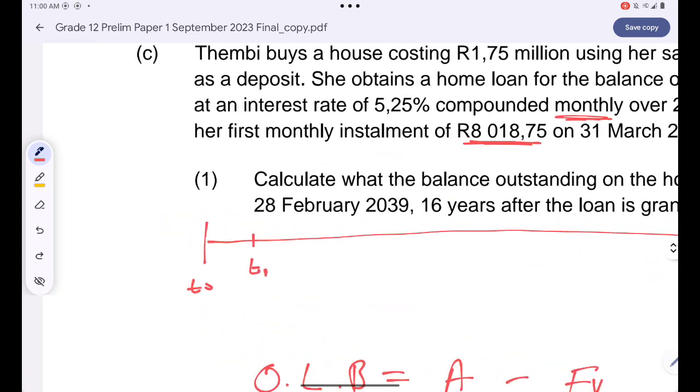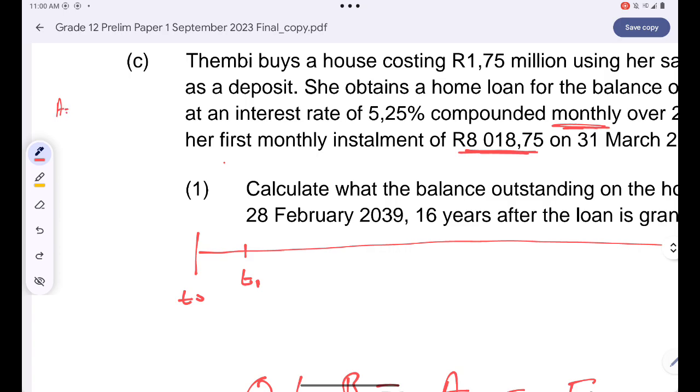But what is the value of A? A is just the 1,750,000 minus the deposit amount, which is 560,000. So the principal amount of the loan, which the bank offered her, is 1,190,000 rands.